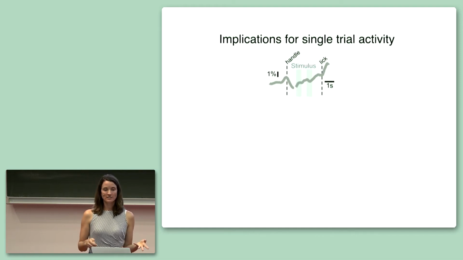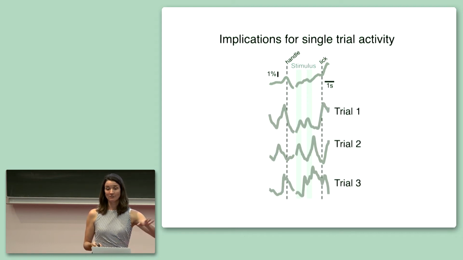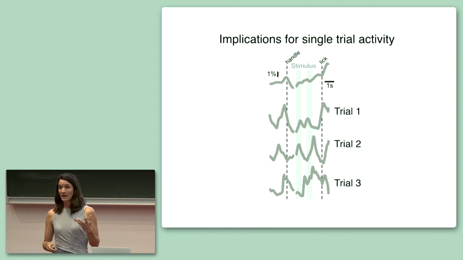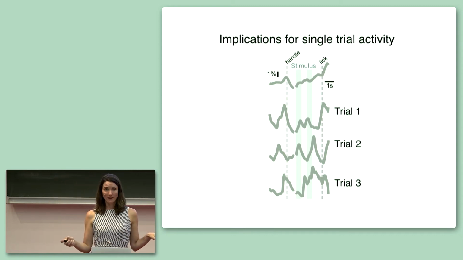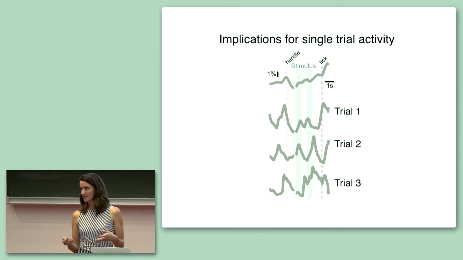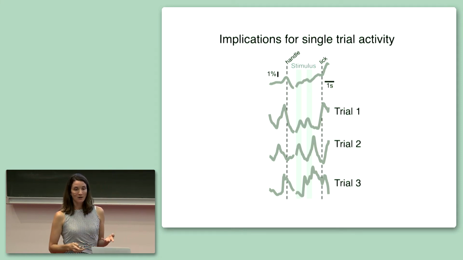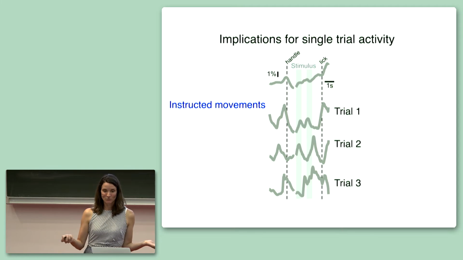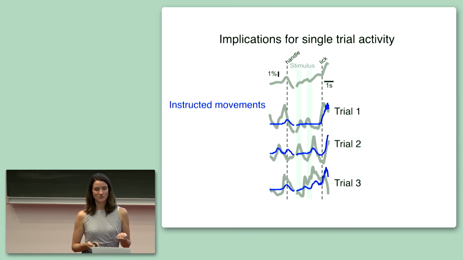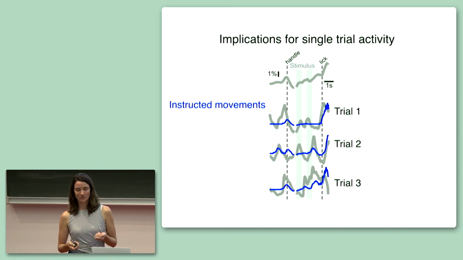So suppose you're interested not in average activity, not in the PSTH, but in single trial activity, fluctuations that occur trial to trial. Many people have viewed these in the past as being noise. There's all kinds of hypotheses about trial to trial neural variance and what its function might be. But we now have a pretty different point of view. So we find that these fluctuations are not explained by instructed movements.